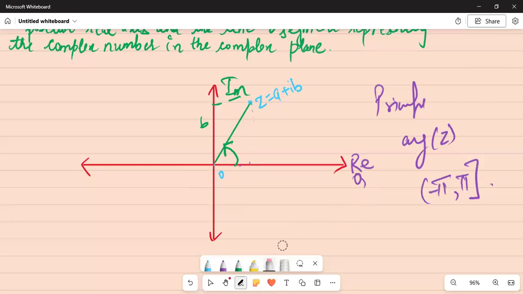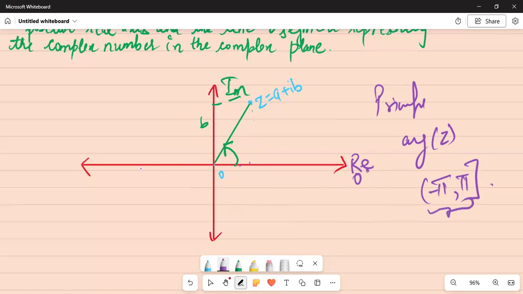But when we talk about the principal argument, this is just the 0 angle. It is not 2 pi, 4 pi. These representations work well when we are talking about arguments, but for the principal argument, this is just the 0 degree angle, or 0 radians.